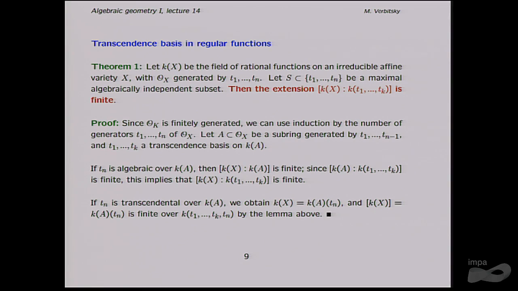But now what we see is that fraction fields of algebraic varieties are the same as finite extensions of just rational functions. So essentially, the birational theory is just Galois theory for such finite extensions.